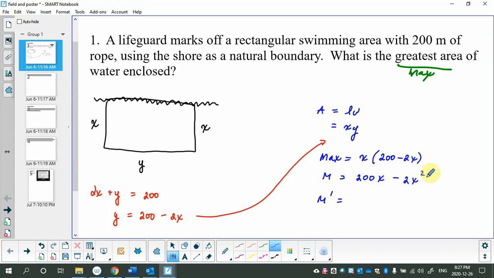This is a negative quadratic, so it's an upside down parabola, so I should actually have a maximum. This is something you could have done in grade 10. So time to actually take the derivative: 200 minus 4x.